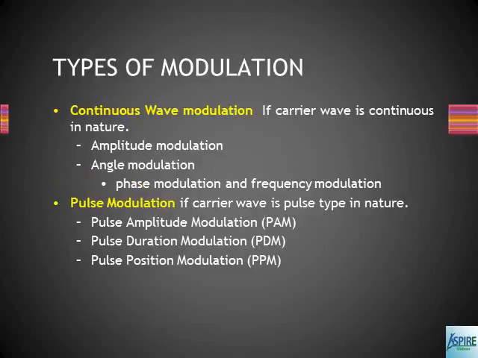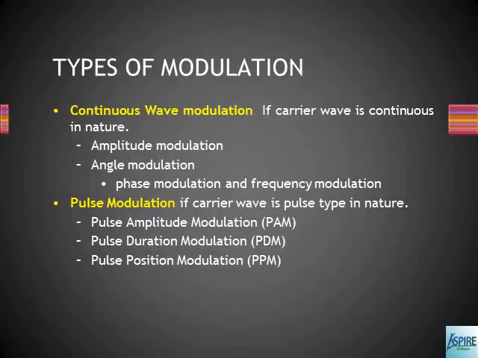Now we'll discuss about types of modulation. First is continuous wave modulation. Continuous wave modulation is when the carrier wave is continuous in nature. For example, amplitude modulation, and the second is angle modulation.